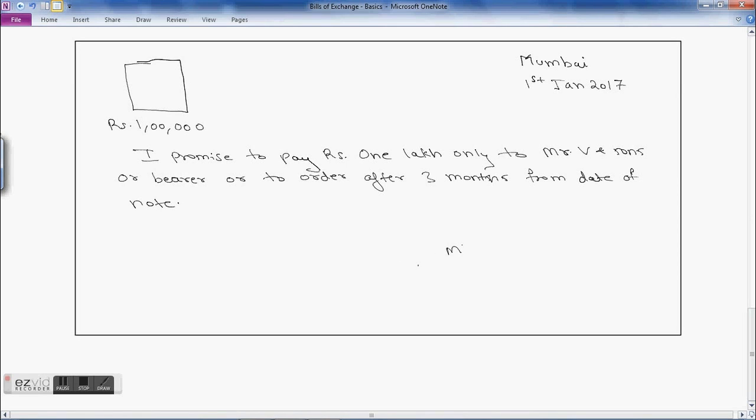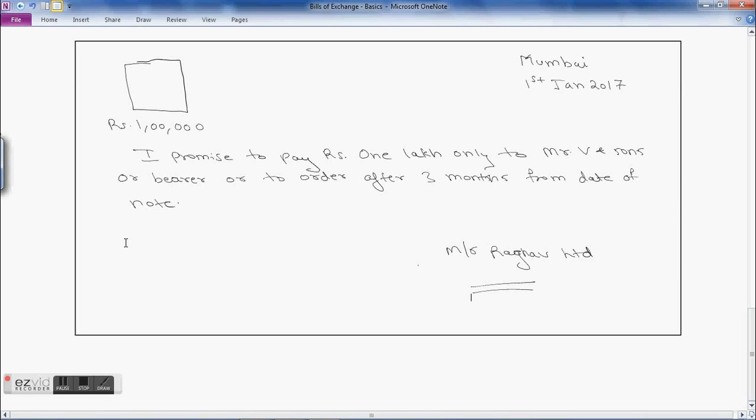And then Messrs. Raghav Limited has to sign and send it to Mr. V and Sons. So this is the format of the promissory note.